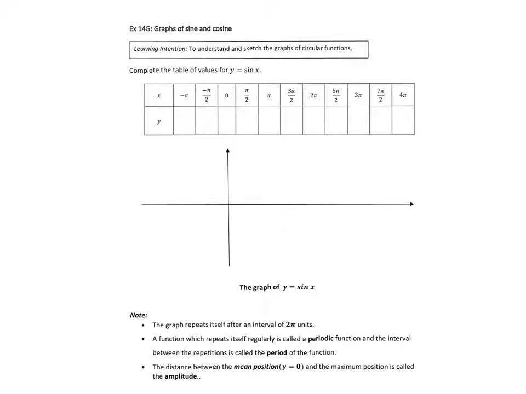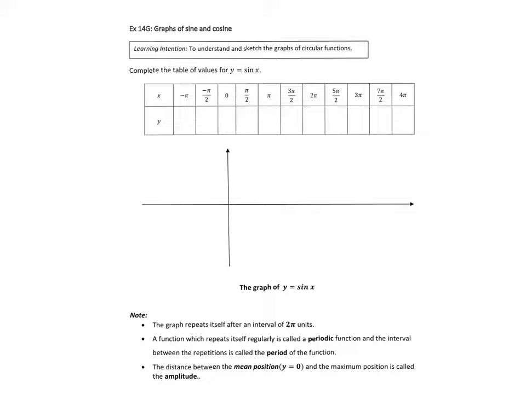Graphing sine and cosine. We're going to start off by graphing the sine graph by plotting it first of all. We're going to get our coordinates, if you like, for the values between minus pi and 4 pi. And we should already know most of these values because we've just been looking at that in our exact value section.